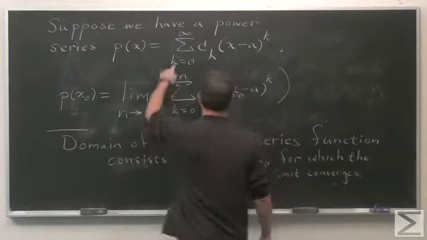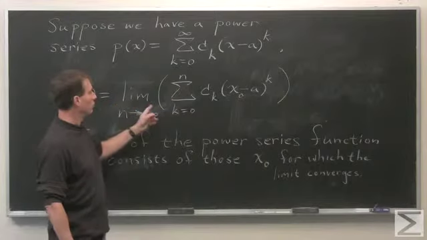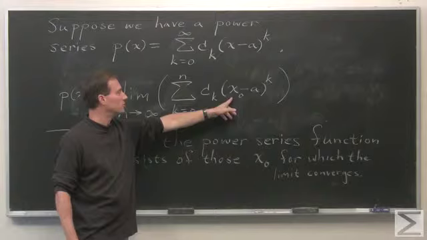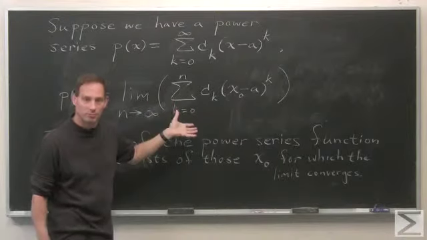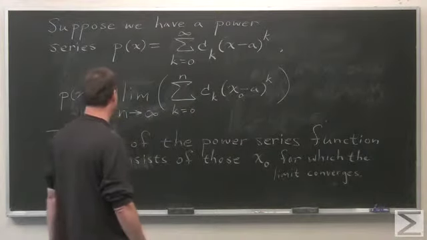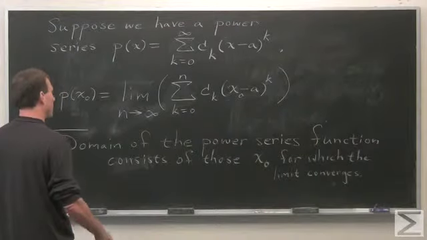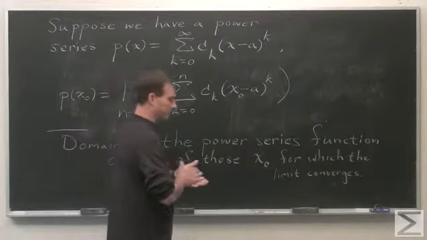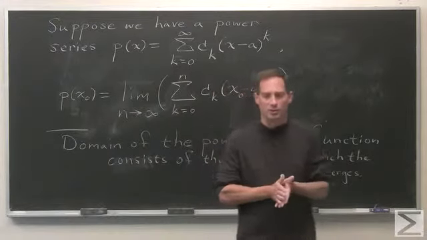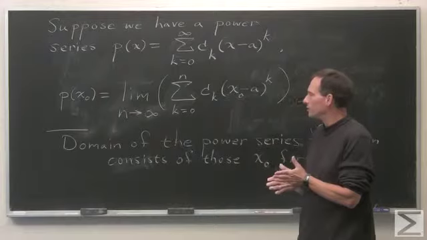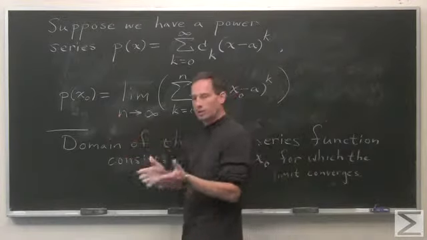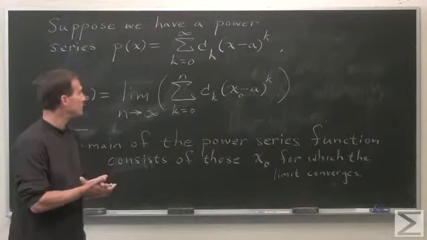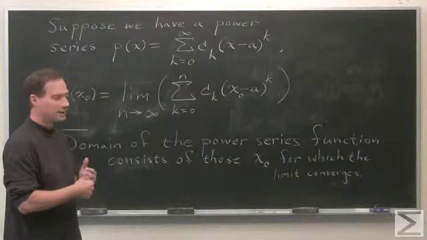When does this define a function? Well, when you pick an x naught that you stick in here so that the limit gives you back a real number. So this is our notion of a power series function. It's just the limit of the partial sums provided they exist. When they exist, the x naught that you plugged in is in the domain of the power series function, and if it diverges, it's not.